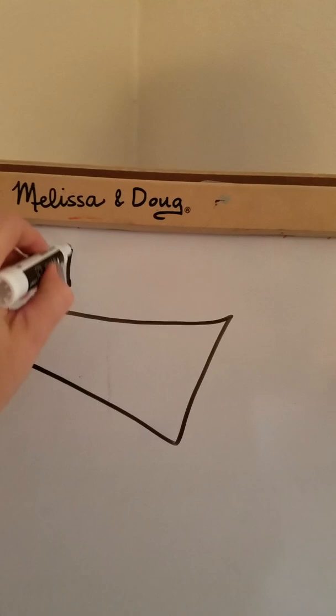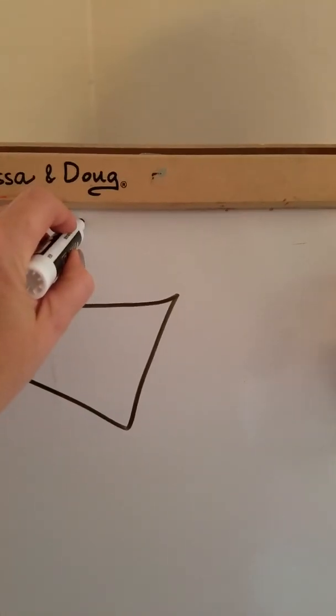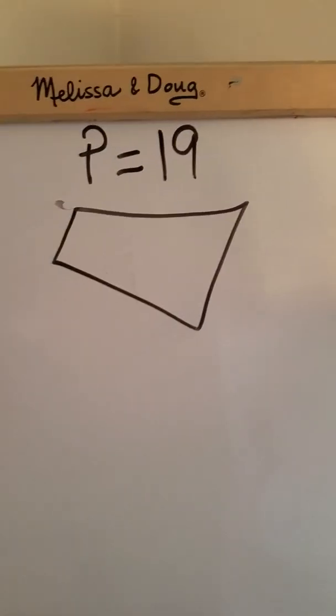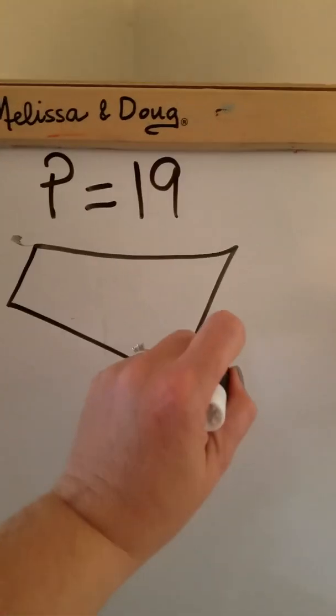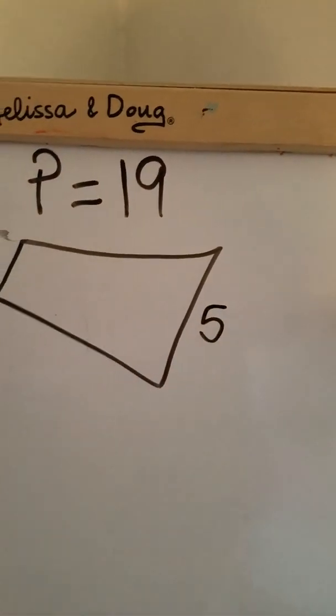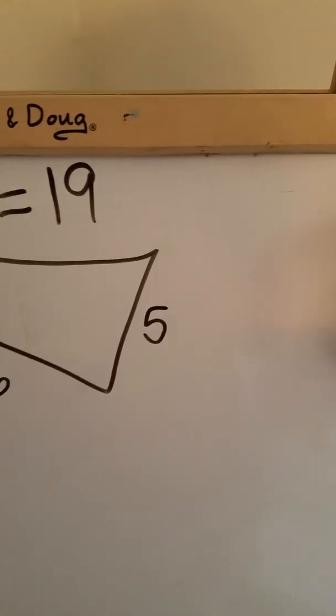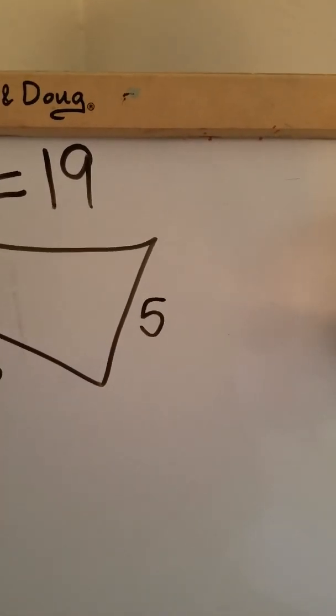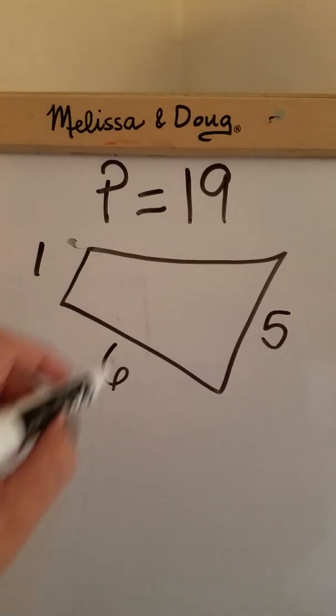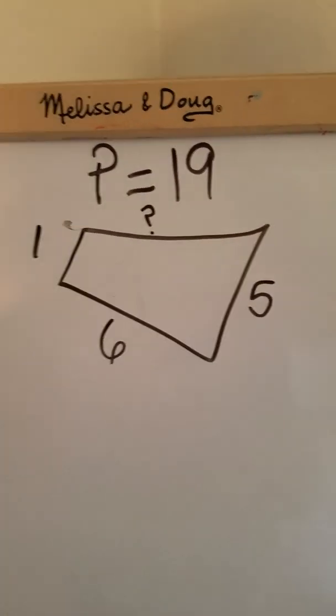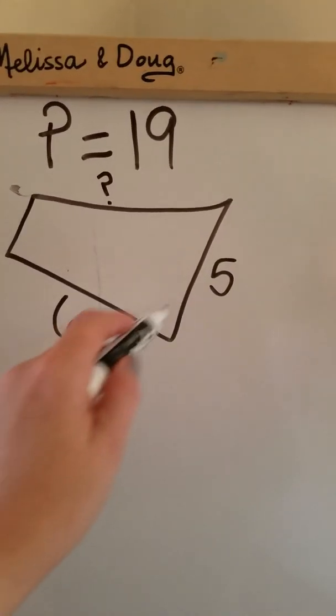So if I have a figure that looks something like this, okay, and if I tell you that the perimeter is, we'll say, 19. And let's say that we knew that this was 5, and this was 6, and this was 1. We can find this missing side length by adding up what we do know.